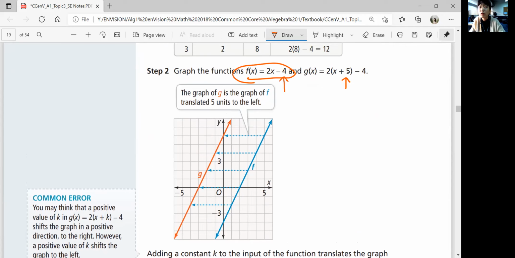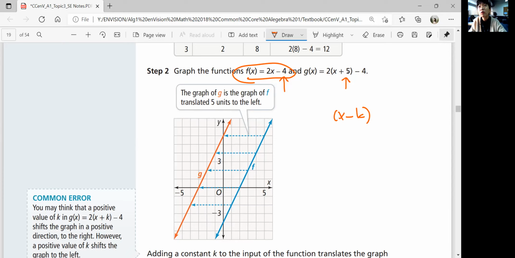Okay, for horizontal translation, if you add 5, that means you're going to the left, because you have to subtract k in order to go right. Okay, x's and y's are flipped because this equation is written in terms of output.